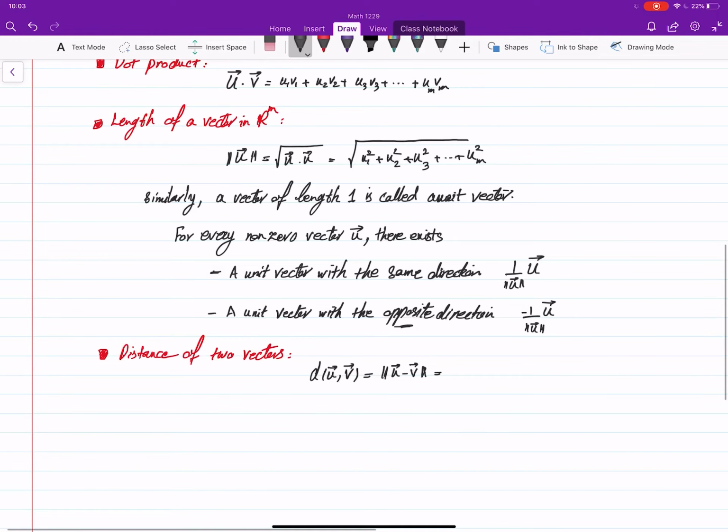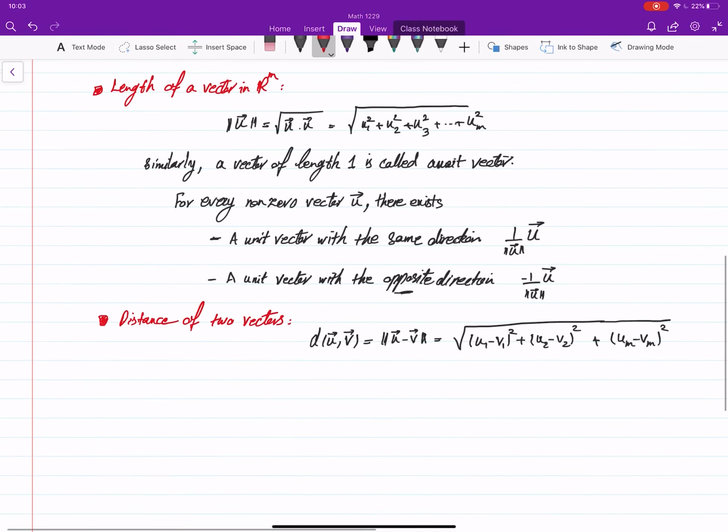In other words, you first subtract the corresponding components, square each one, add them, and then find the square root of this. That's again very similar to what we had before.